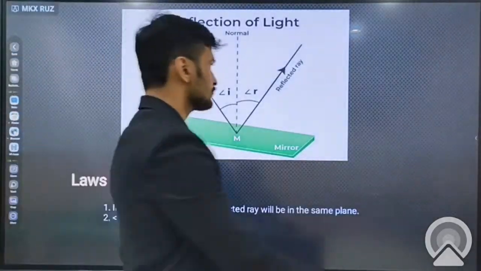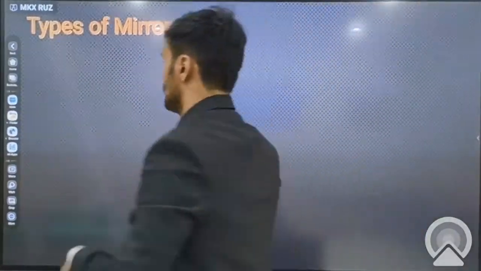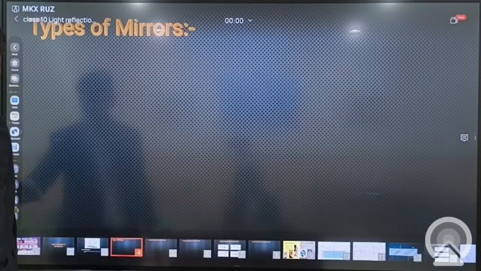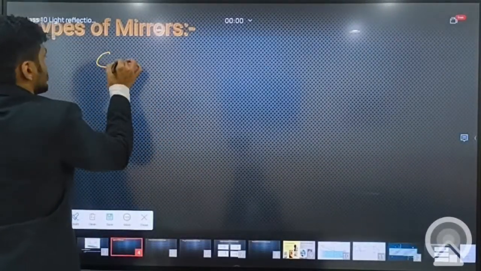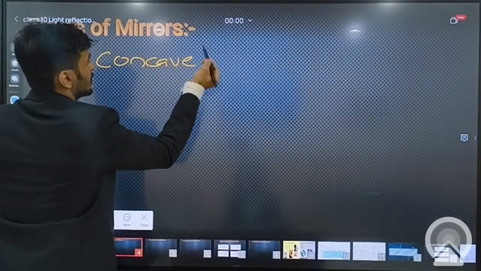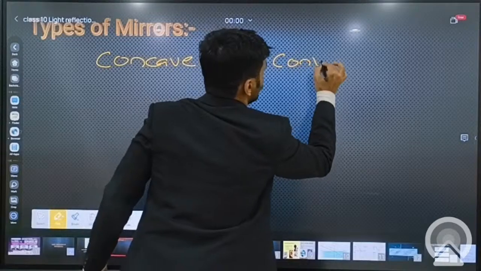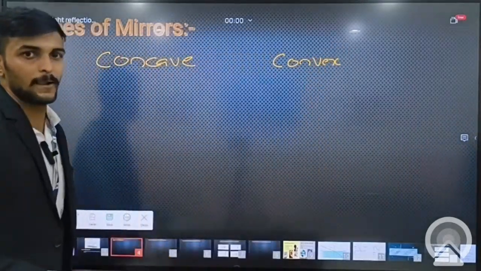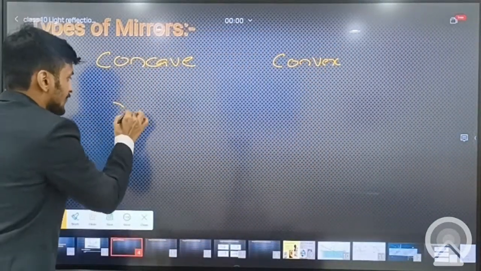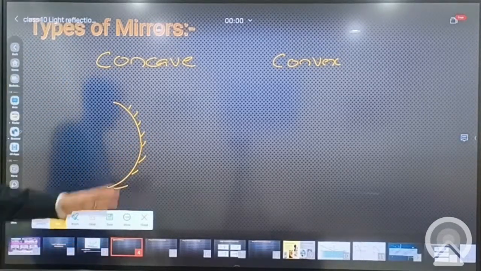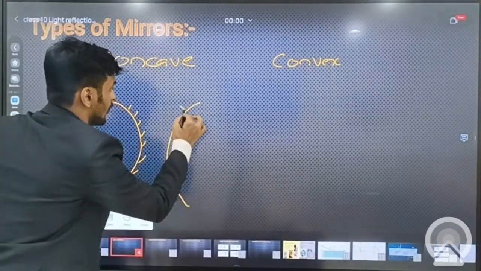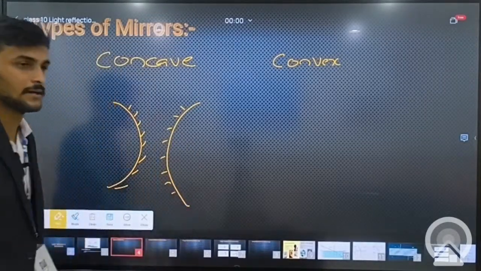Okay, moving to the next topic, we have two types of mirrors. In this chapter we discuss two types of mirrors, concave and convex. For concave mirrors, the shading will be outside, or I can draw it like this, this is also a concave mirror.